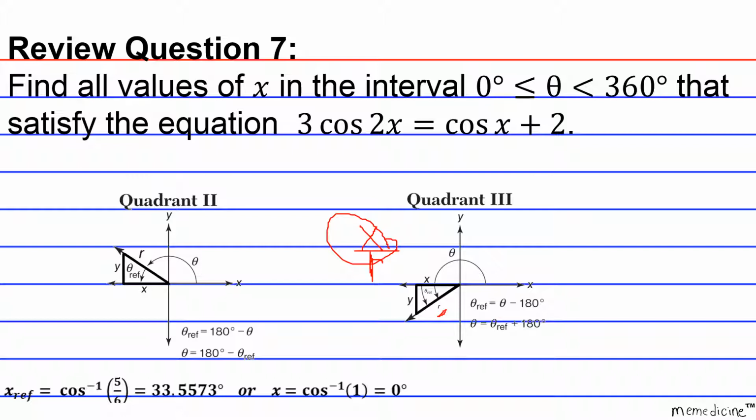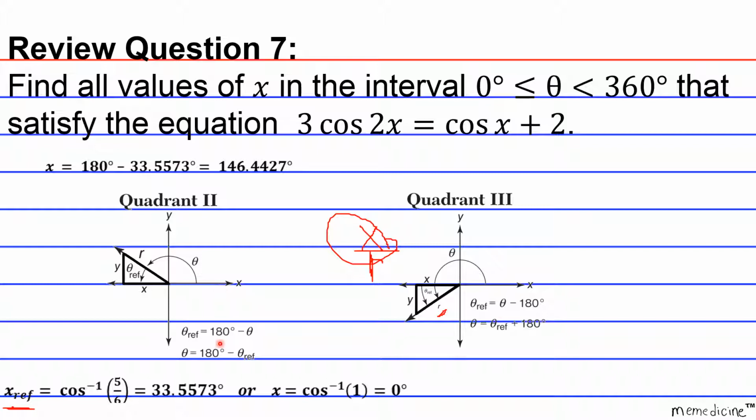Okay, so in quadrant 2, our measurement of theta is going to be 180 minus the reference angle, 180 minus theta ref. So theta ref is 33.5573 degrees, and that's going to be equivalent to 146.4427 degrees, approximately 147, or 146 degrees if you round down, but we'll round up, say 147 degrees, okay?